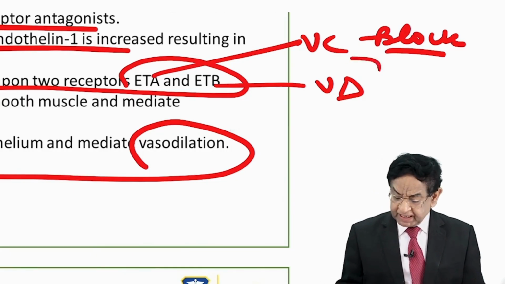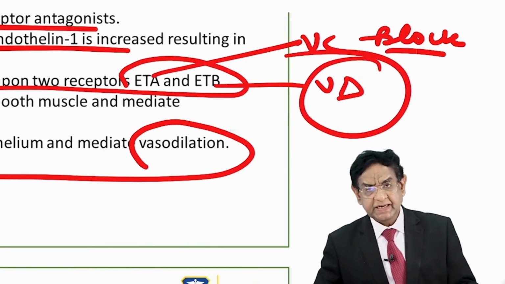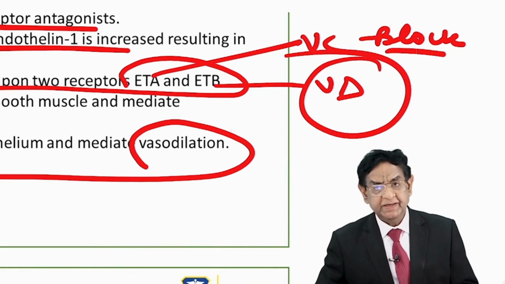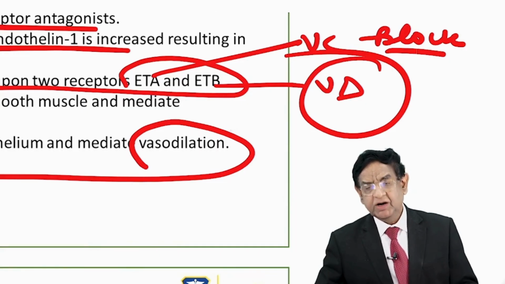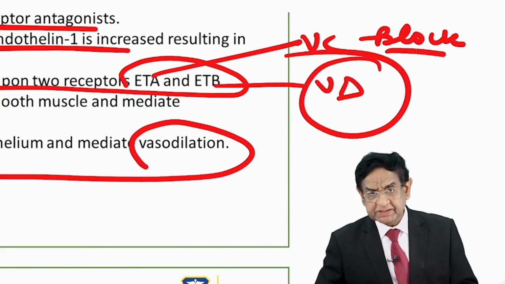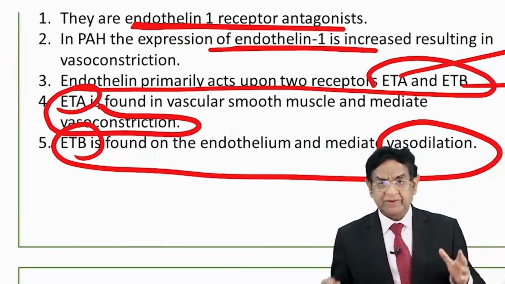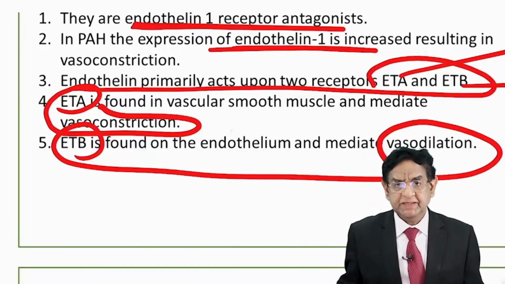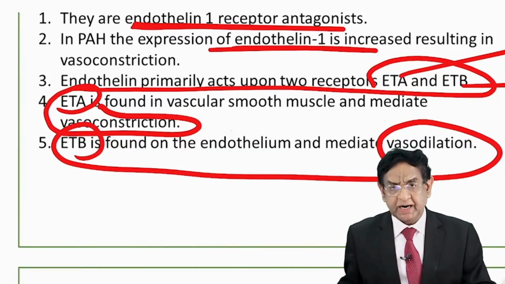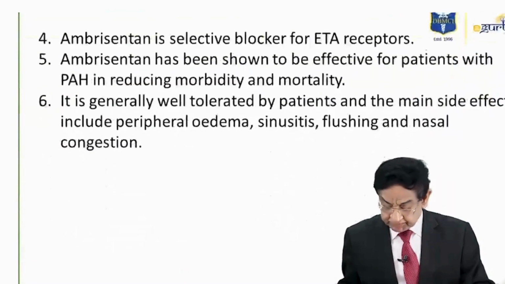So there will be unopposed action of the ETB, and that leads to vasodilatation of the pulmonary circulation, to be more precise. And that's why the pulmonary arterial pressure goes down.